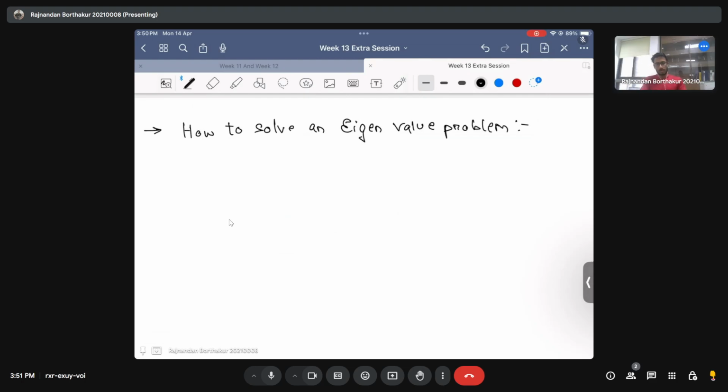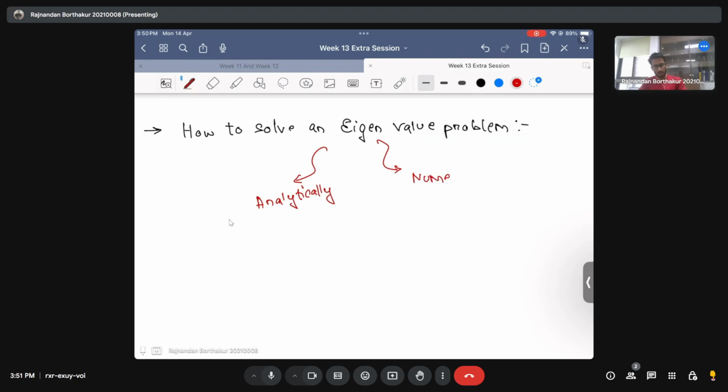Actually, I would say there are two broad ways to solve an eigenvalue problem. One is analytically, and this we will see how it is done. And the other is, if there are no analytical solutions to it, the only resort that we commonly go for is numerical solutions.